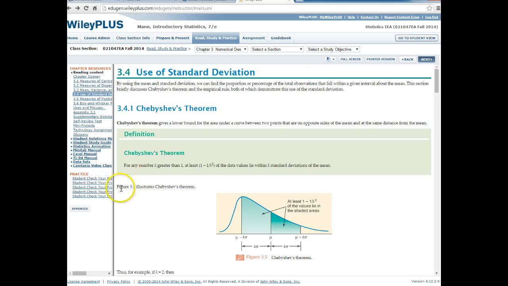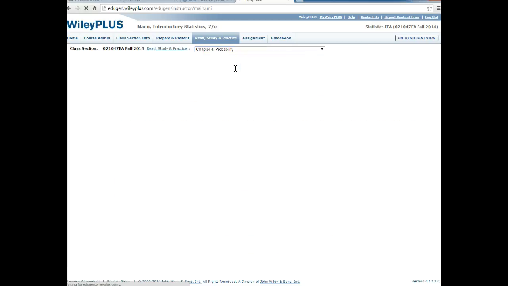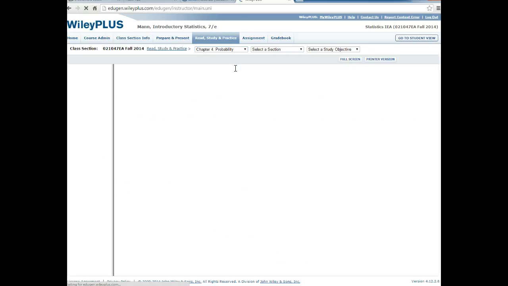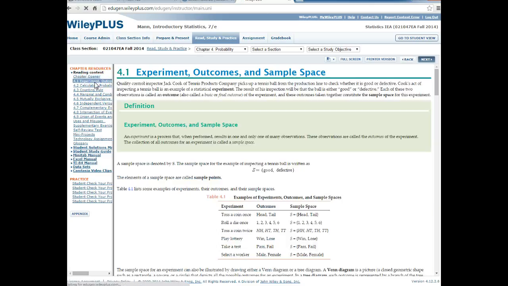Okay, good. All right, that's as far as I'm going to go with chapter 3, and I'm going to go on to chapter 4 now, called probability. So, in probability, it's important to understand a few words, and of course, you probably know these words, at least the first 2 of them.